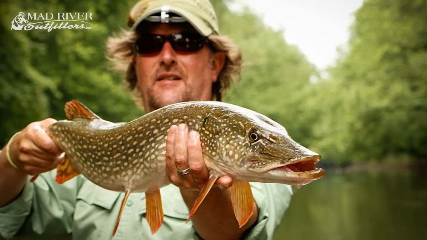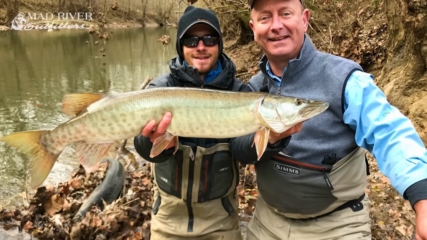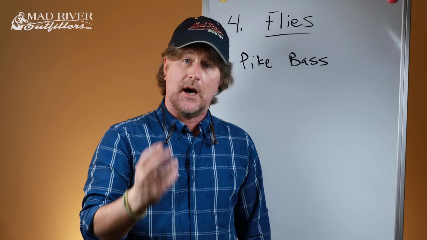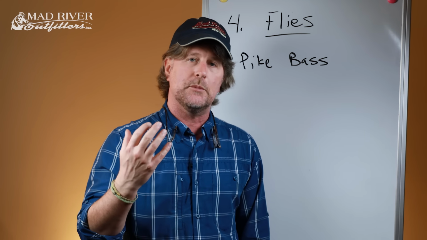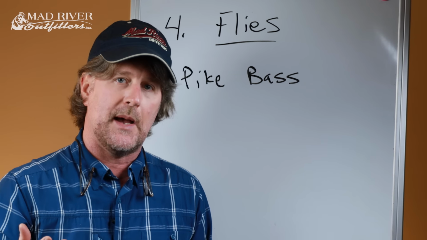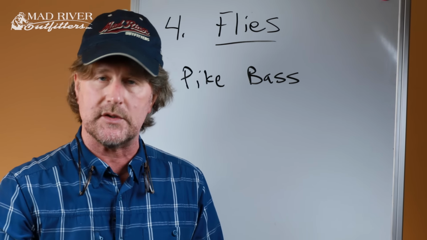Pike, bass, muskie. Those can kind of fall into their own categories, but primarily those fish are going to eat other fish. So most pike flies and bass flies imitate other fish, bait fish. But there could be frogs, mouse patterns, and some of those could be dry flies that are fished on the surface. Some of them could be subsurface.